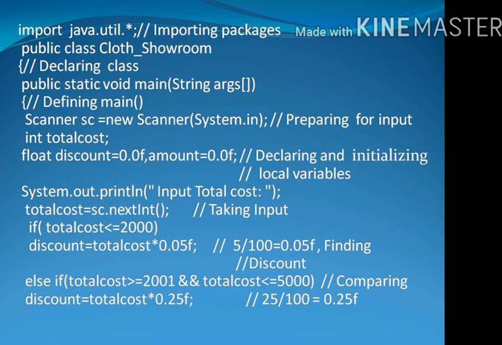The next statement is if (totalCost <= 2000). Comparing using a relational operator. Less than or equal to is a relational operator. If the condition is satisfied, discount = totalCost * 0.05f, that is 5 divided by 100.